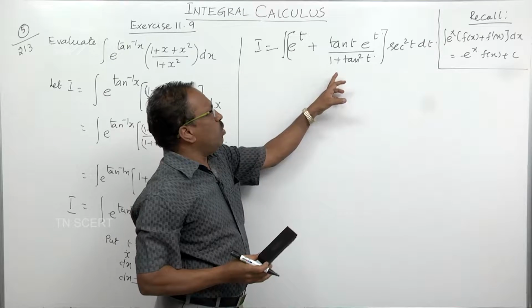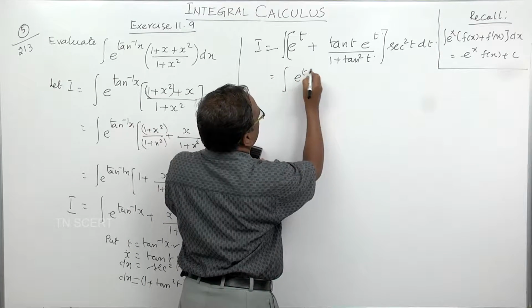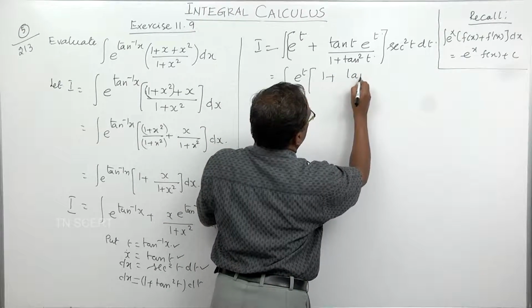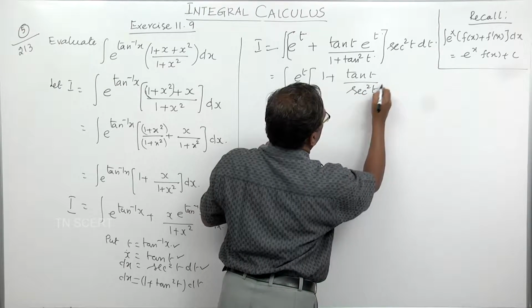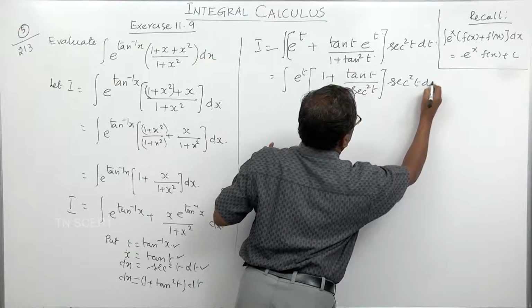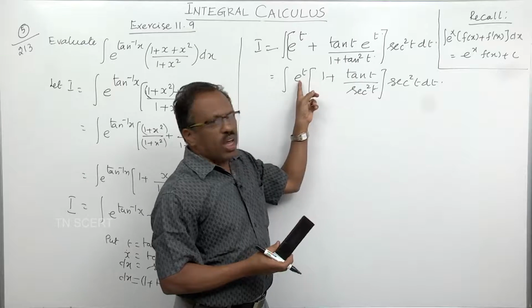Now let us take this integral. E power t, you take it out, (1 plus tan t) by secant square t, into secant square t dt. See, e power t we have taken common.